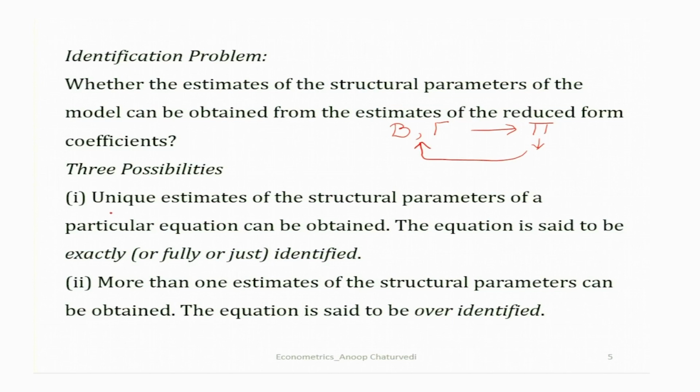The first possibility is unique estimates of the structural parameters of a particular equation can be obtained. So, suppose we consider a particular equation, then it may be possible for you to obtain unique estimates of that particular equation. Then that particular equation is said to be exactly or fully or just identified.